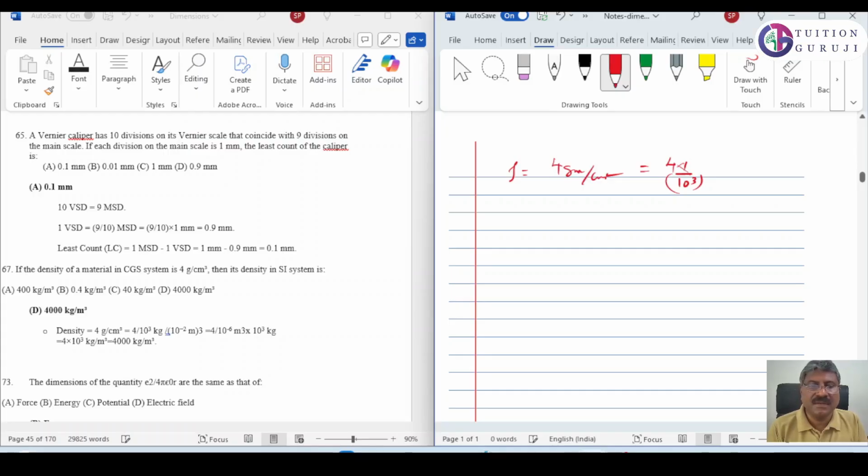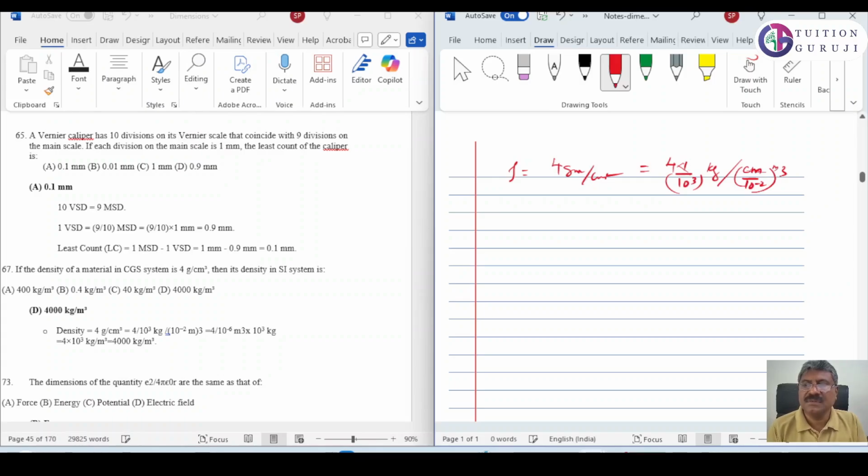So that much kilogram, then divided by centimeter cube, means centimeter is to be converted into meter, so the whole cube, that much meter.